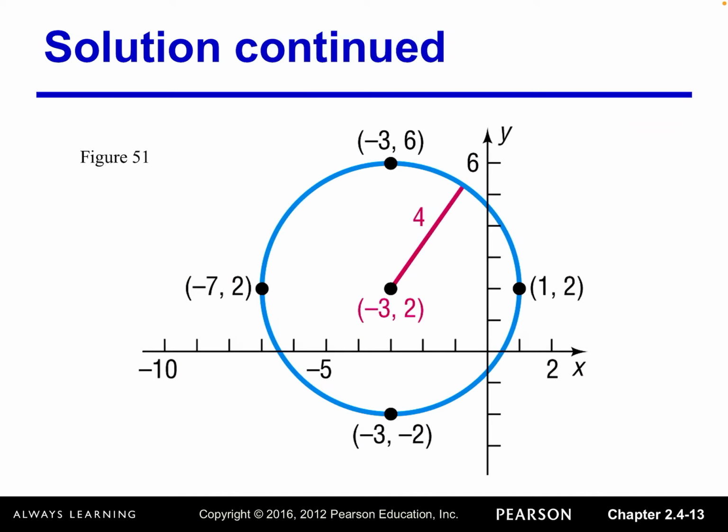First we set up the rectangular coordinate system, x-axis, y-axis, and the origin (0, 0). And then we plot the center of the circle we already identified, which is (negative 3, 2). So we go from the origin, go left 3 units, and then go up 2 units. That's how we find the center of the circle.